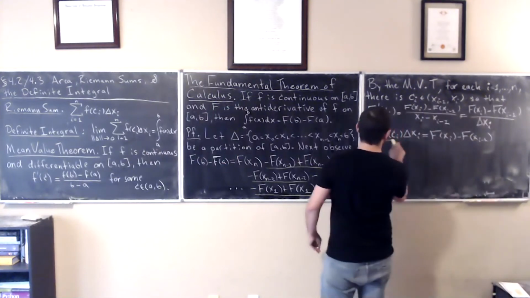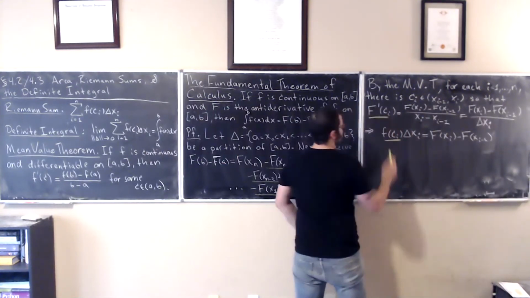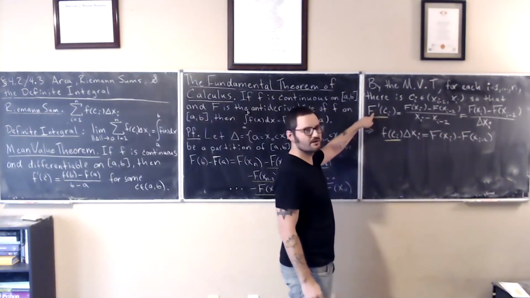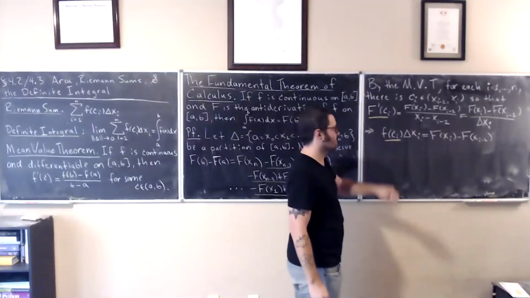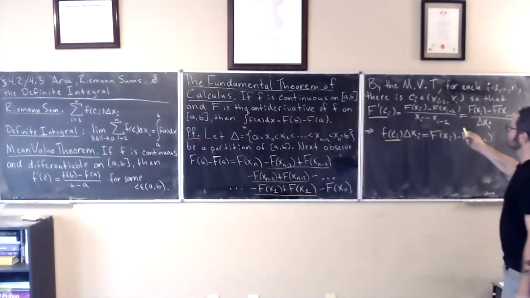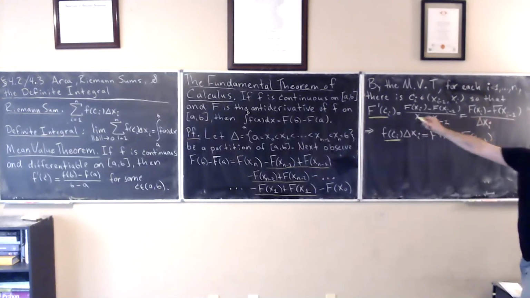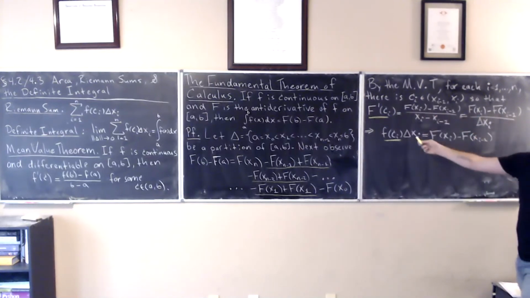The derivative of capital F is little f because capital F is the antiderivative of little f. And here, I just multiplied both sides of this equation by delta xi, so that's why there's delta xi right there.